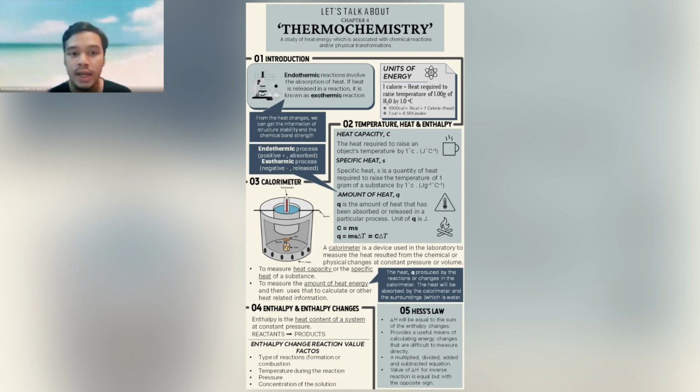Hess's law provides a useful means of calculating energy changes that are difficult to measure directly. It also allows thermochemical equations to be multiplied, divided, added, and subtracted between one another. The value of delta H for the inverse reaction is equal, but with the opposite sign.